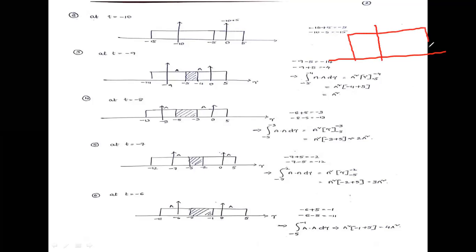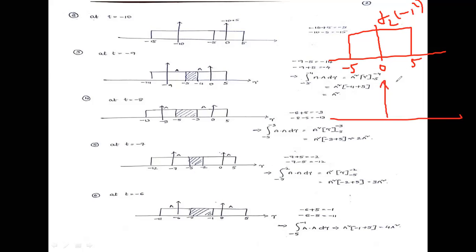See, the value of f2 is either 0, plus 5 and minus 5 for f2 of minus tau. Okay, I need the value of f2 of t minus tau. Okay, my dear students, these are tau variables, t minus tau. What is the t I assume here? t is equal to minus 10.